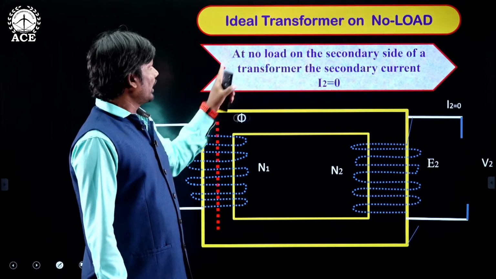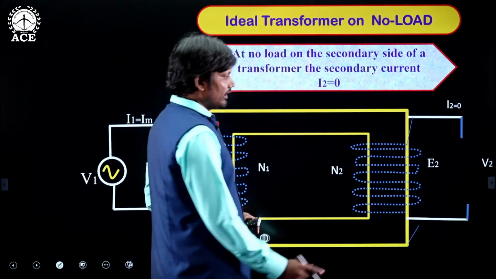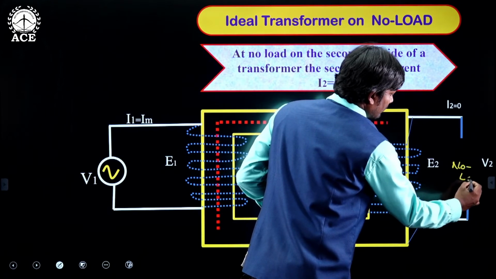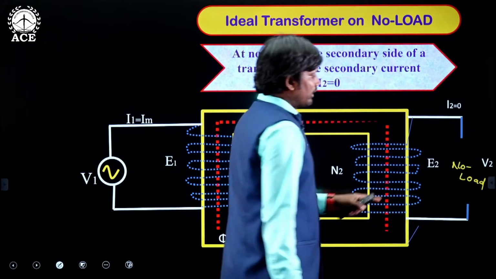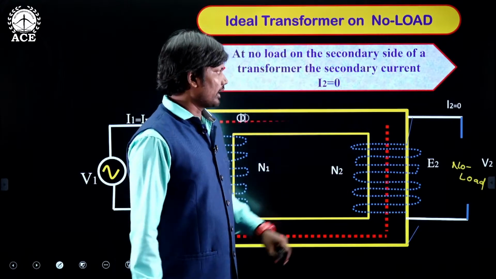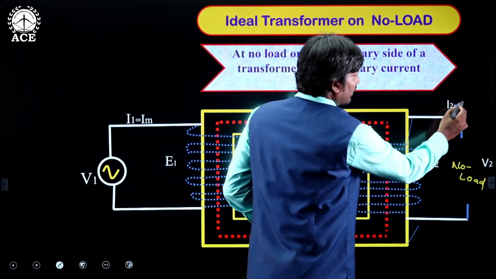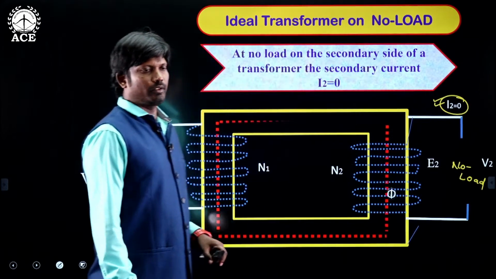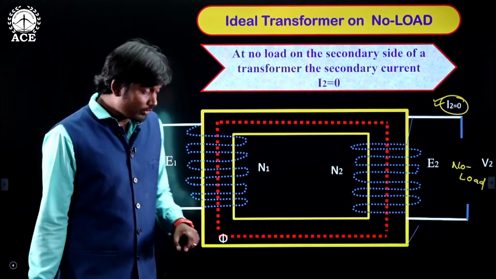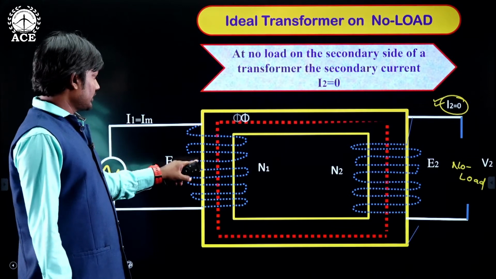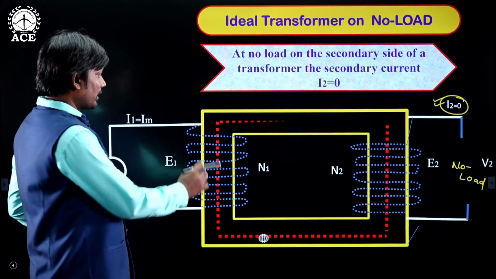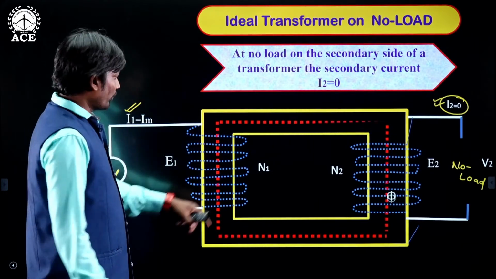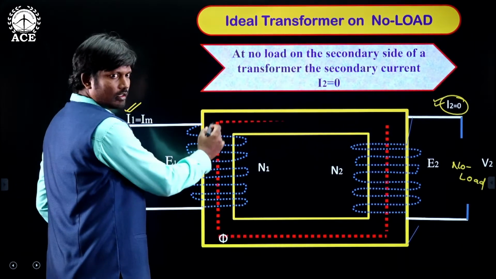Now, at no load on the secondary side of a transformer, the secondary current is equal to 0. Therefore, the primary draws a current I1 which is necessary to produce the flux in the core.